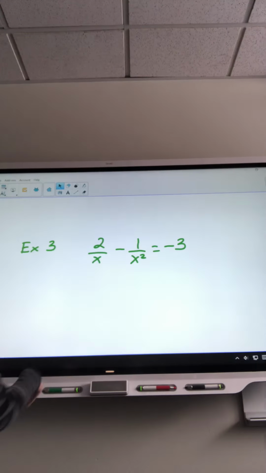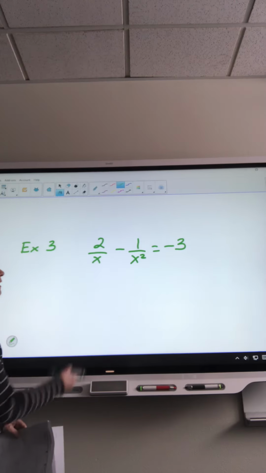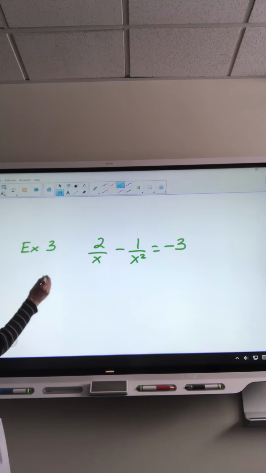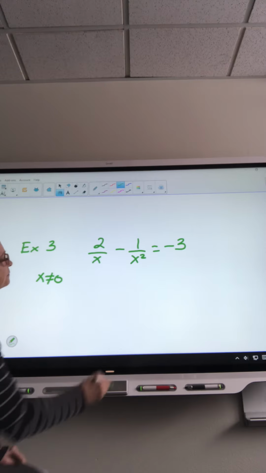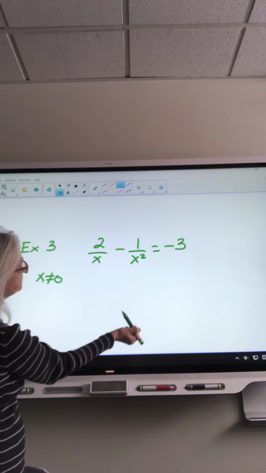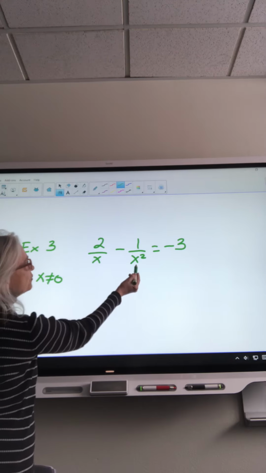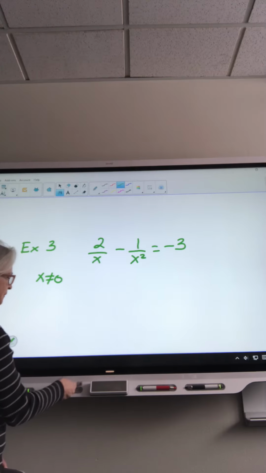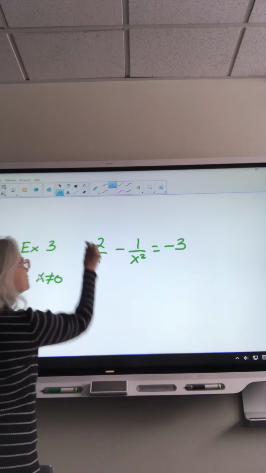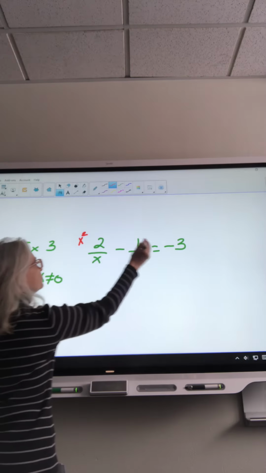Looking at this, first of all, you can see that x cannot equal 0. And we also know that x squared is going to be the common denominator, so we're going to multiply all terms by x squared.